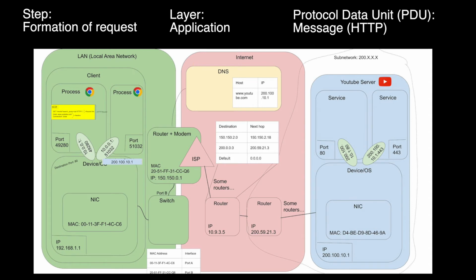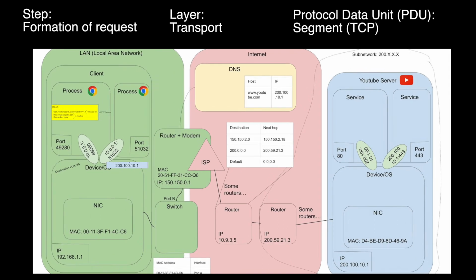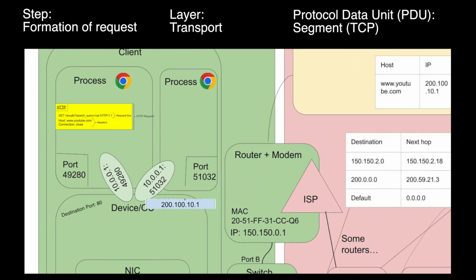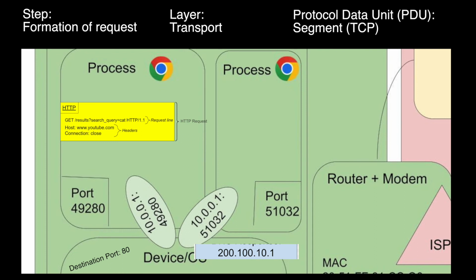At the next layer, called the transport layer, the TCP and UDP protocols are the two predominant protocols you'll see. For requests using HTTP2 and below, TCP is used to perform the transport layer functionality, so we'll assume we're using TCP here.